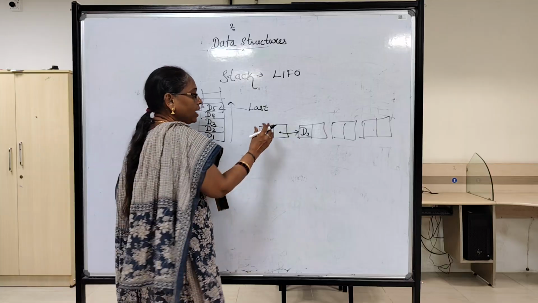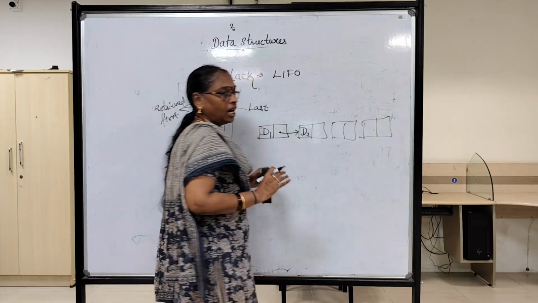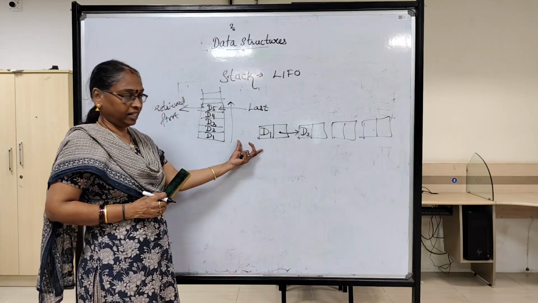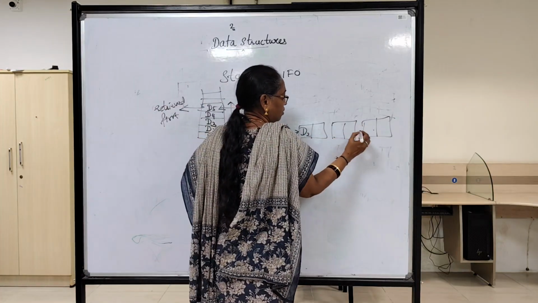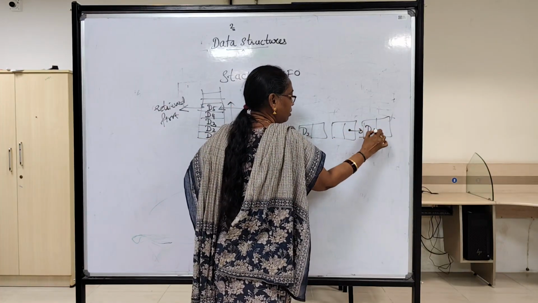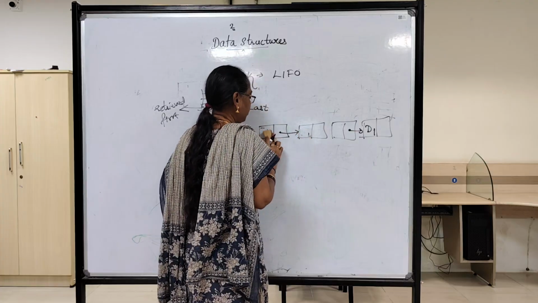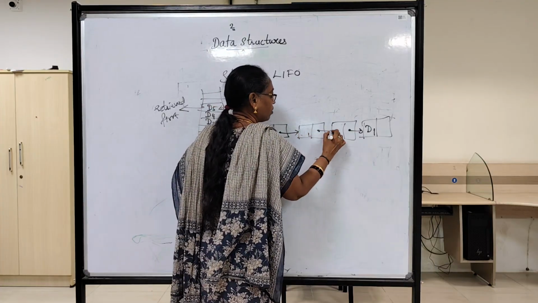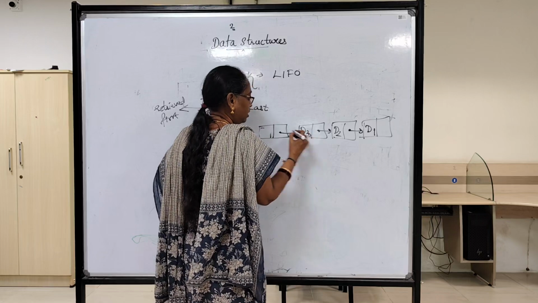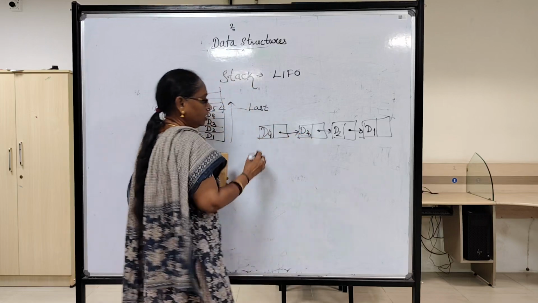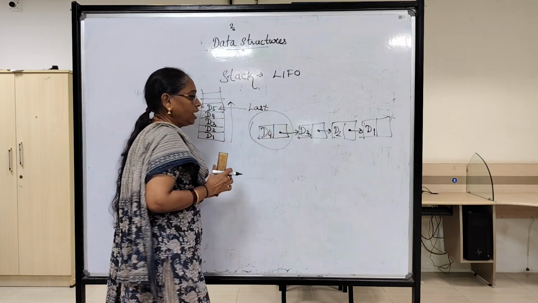In this way I can create nodes and store my data. So this will be my first data, second data, my third data and my fourth data. This is the one lastly I added as a node.